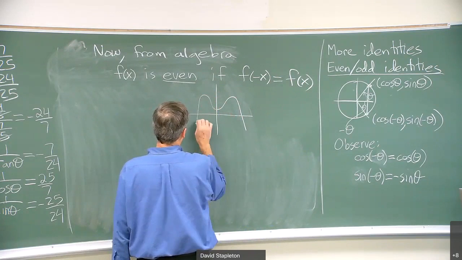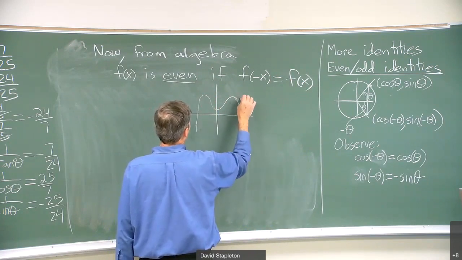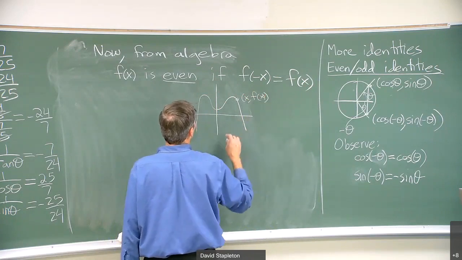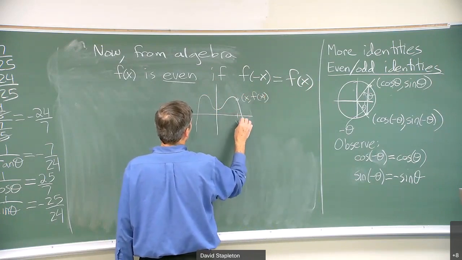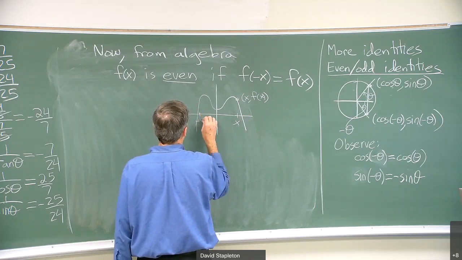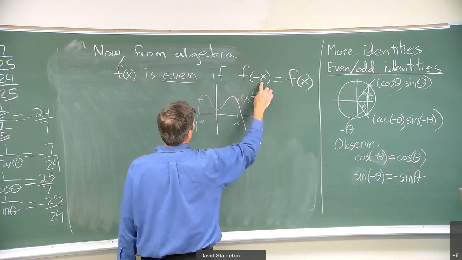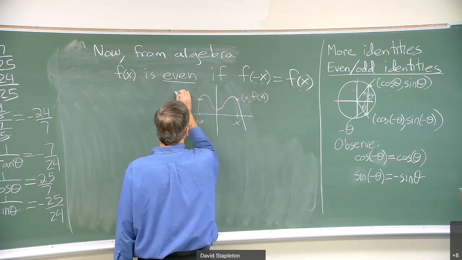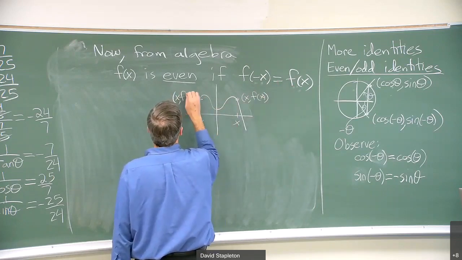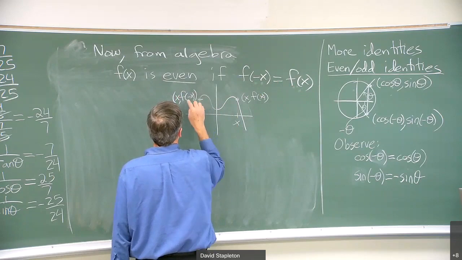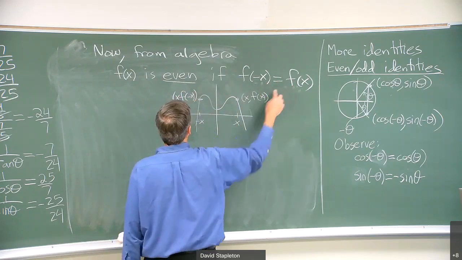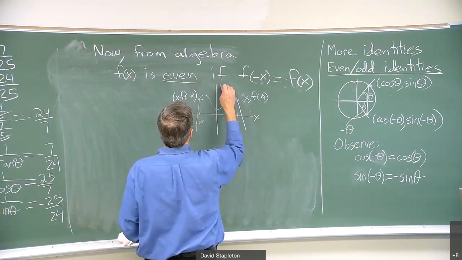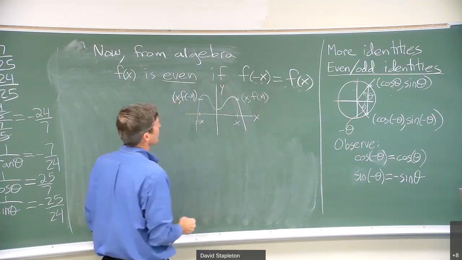The reason being that if you take any point here, x, f of x on its graph, then if you go to minus x, the same distance over this side, you have to have the same y-coordinate. The y-coordinates are equal when you put in x or minus x. And so this is the point x, f of minus x, which is the same because f of minus x is equal to f of x. So an even function is always symmetric over the y-axis by its definition.